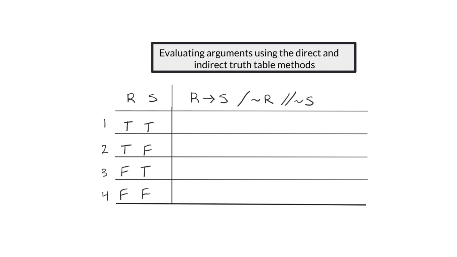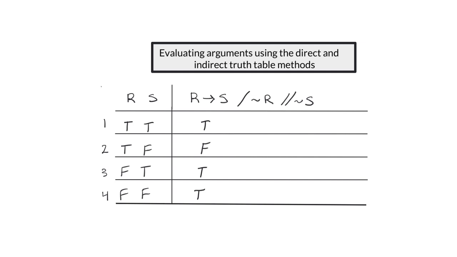Our first statement is a conditional, so we use the rules that we know for the conditional, and the conditional is true in all cases except for when the antecedent is true and the consequent false.